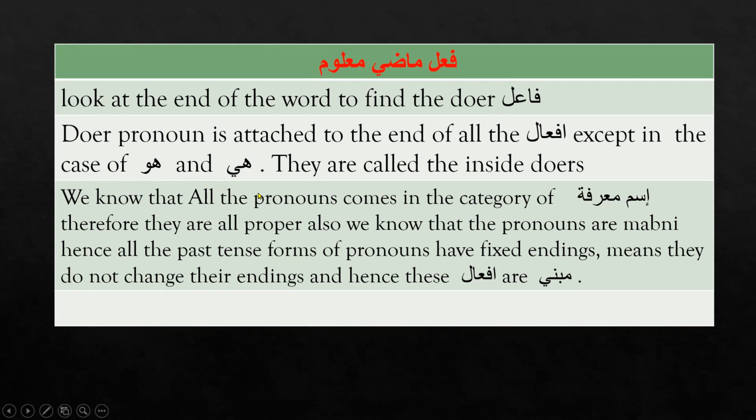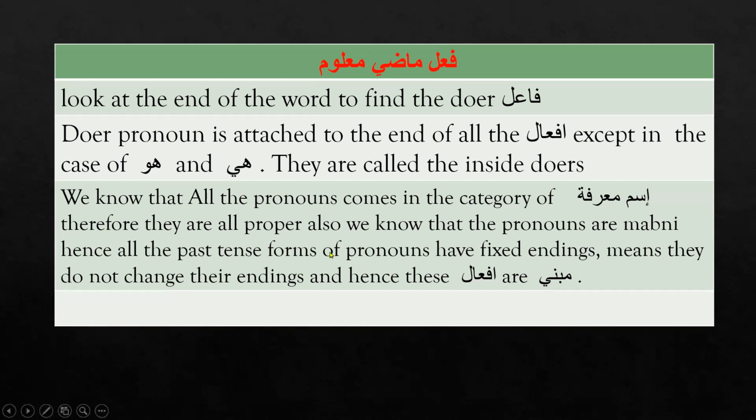They are damir mustatir. We know that all the pronouns come in the category of isim marfu. This is also a thing to remember: they are all nouns, and therefore they are all marifa, as I already mentioned, and they are all mabni as well.